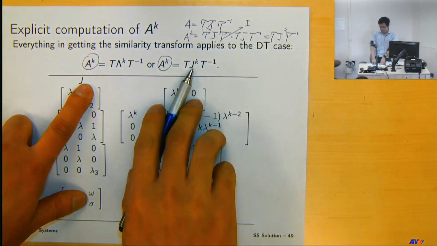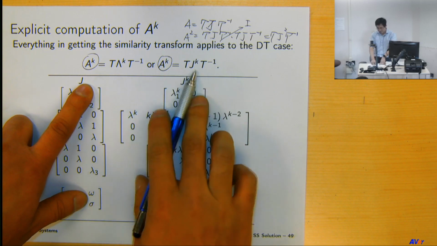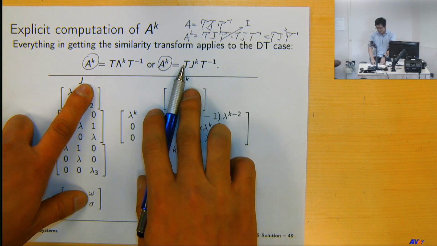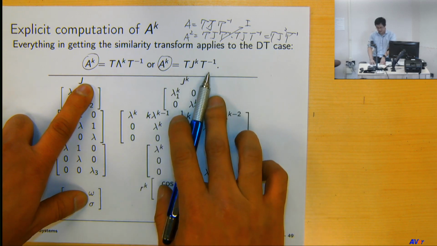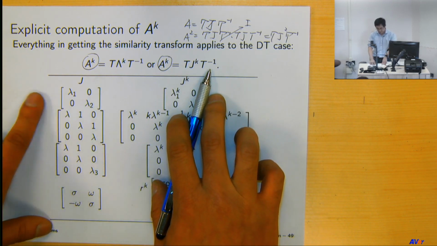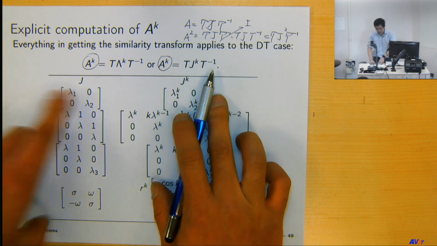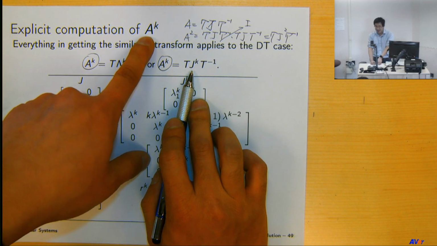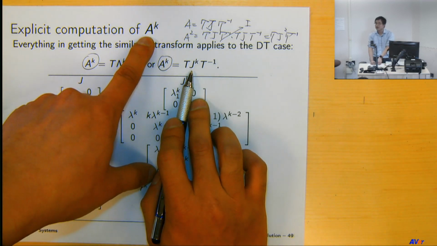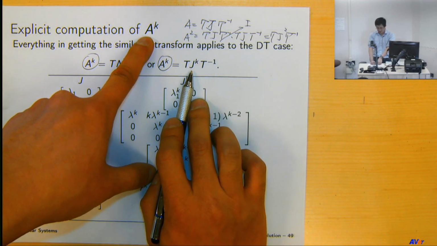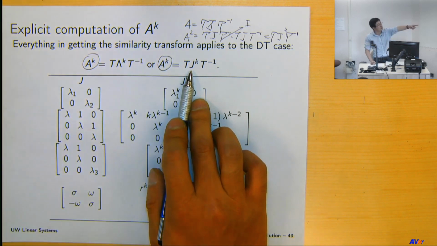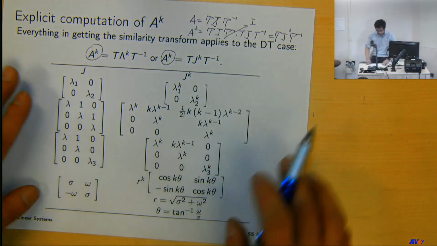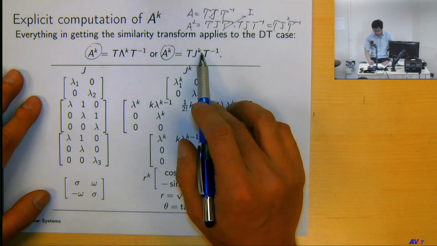So for the general case, you just put powers on J and then multiply T and T inverse on the left and on the right. How you obtain J is the same technique. You take a look at how many eigenvectors you can get from A. If not enough, generalize the eigenvector, put it in Jordan form, such as these guys over here, right? Then you can compute J^k.